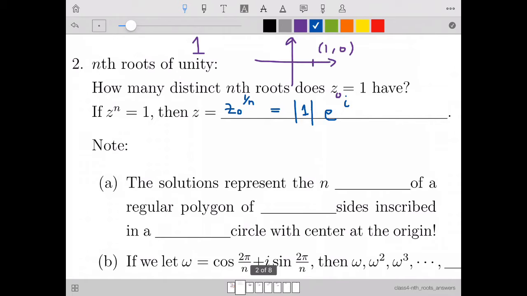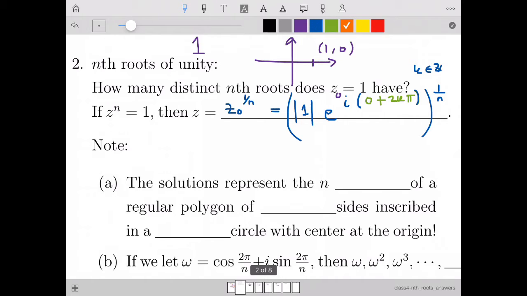So instead of cosine and sine, I can write that in polar form, exponential form, right? So what is the principal arg of 1, 0? The principal argument is 0, and then plus 2k pi, k in Z. That thing to the 1 over n, right?